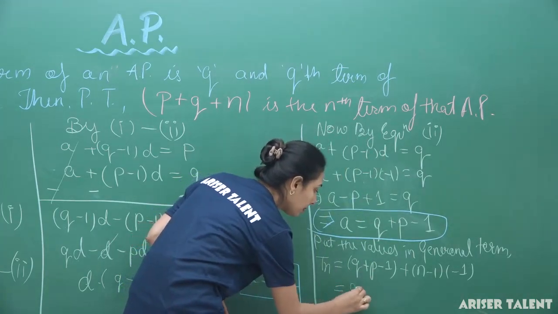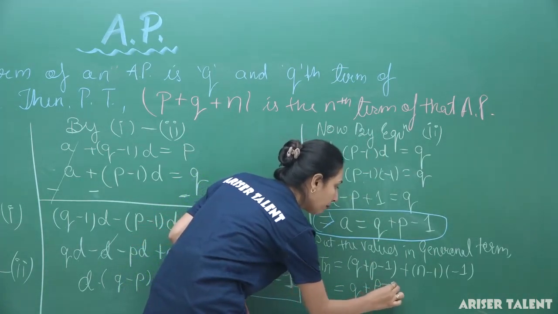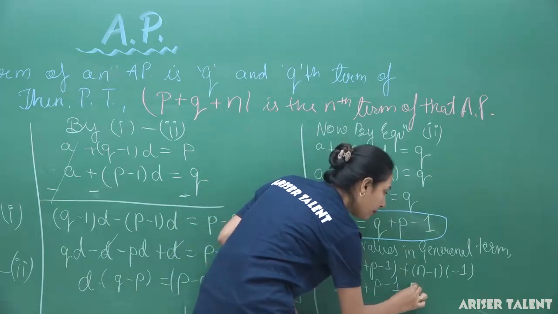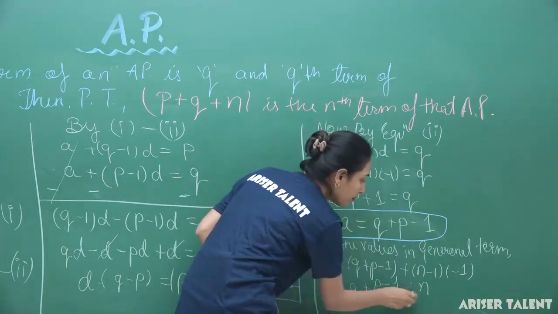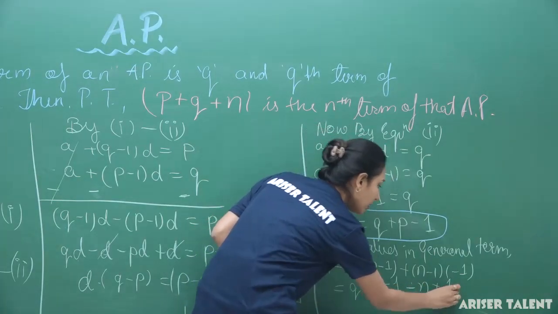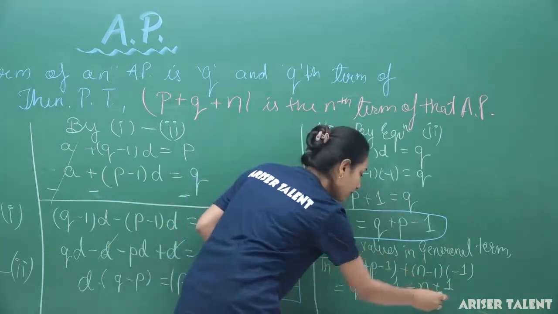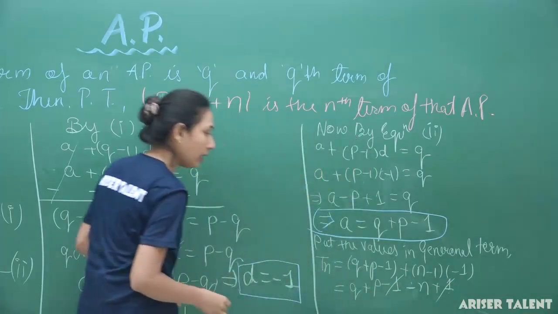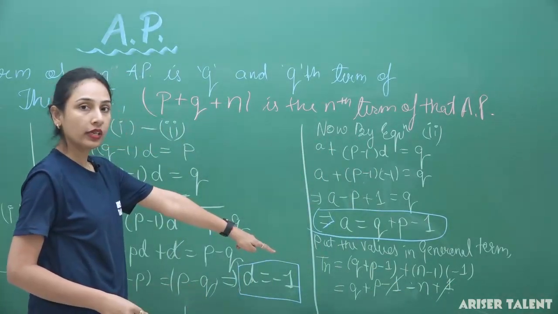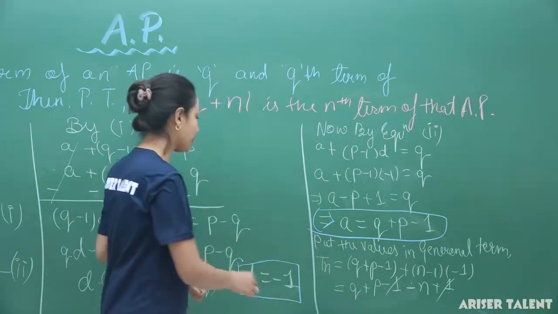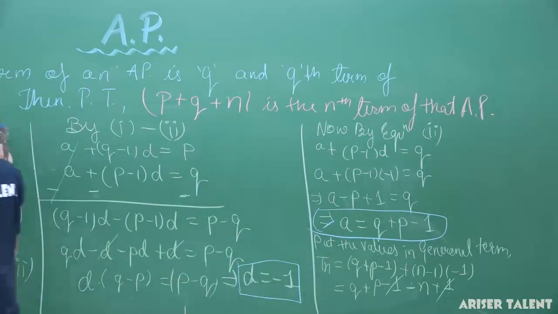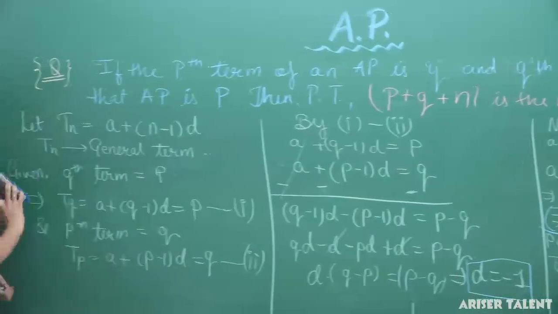So it becomes P plus Q minus 1 minus N plus 1. Now minus 1 plus 1 will be cancelled out.